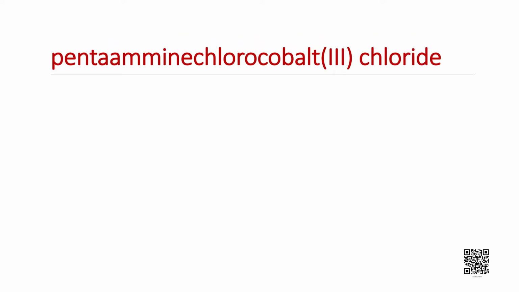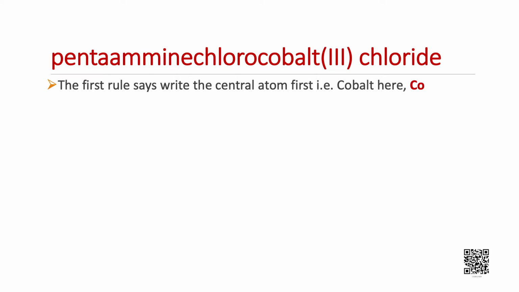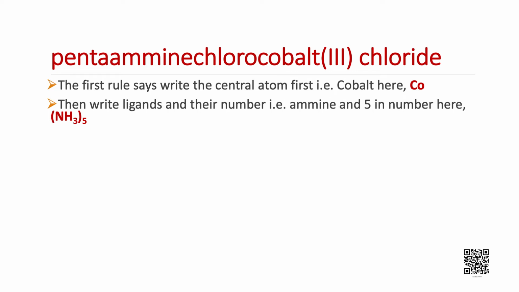For example, let us write the formula of the following compound: pentaamminechlorocobalt(III) chloride. Now, to write the formula, the first rule says write the central atom first, and that is cobalt here, the symbol Co. Then write ligands and their number, that is ammine, and they are 5 in number, making it (NH3)5.